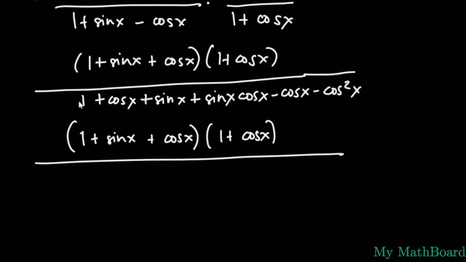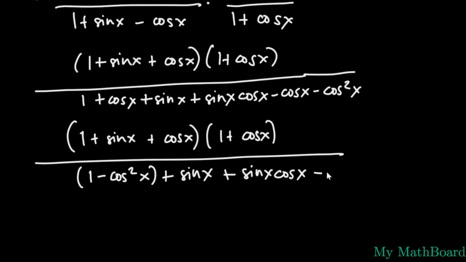So, kung makikita ninyo yung 1 minus cos squared x, meron siyang identity, di ba? Yung Pythagorean identity, which is sin squared x. So, i-group natin siya as 1 - cos squared x plus sin x plus sin x cos x minus cos x. Okay?